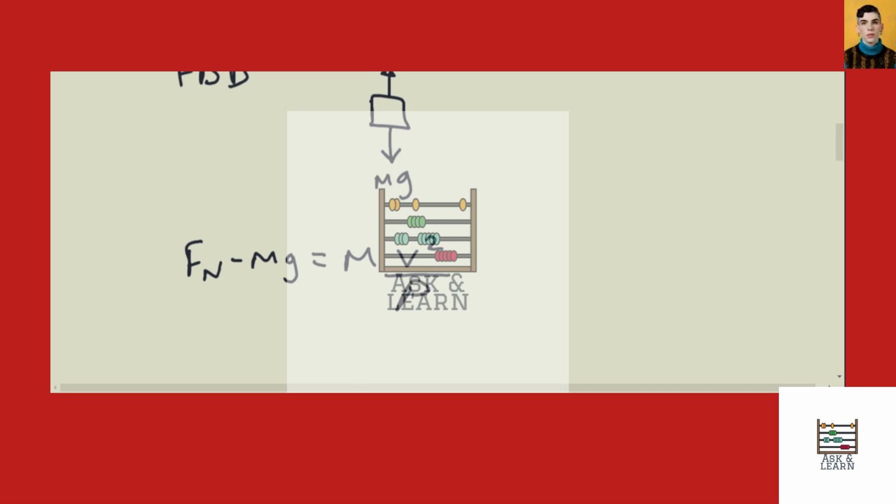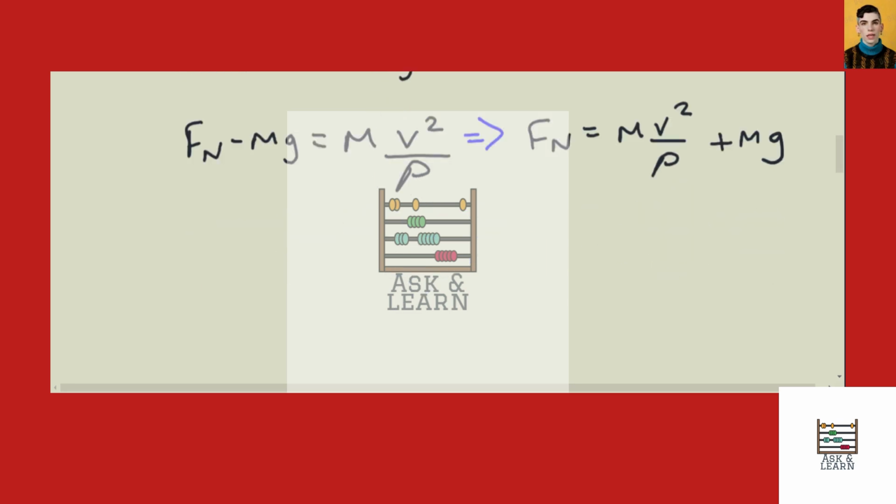So let's put mg to the other side. We add mg to both sides. So we have Fn is equal to m v squared over rho plus mg. Now it's just a matter of plugging in the numbers.